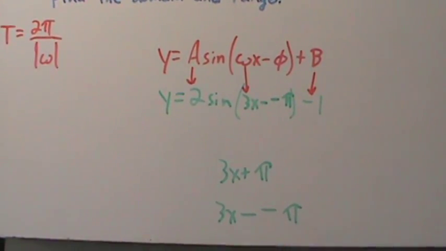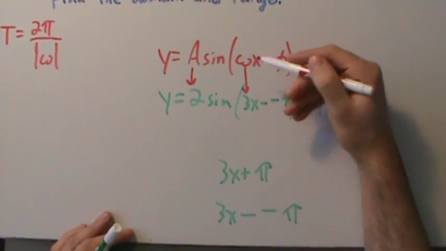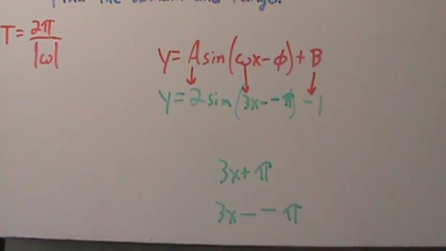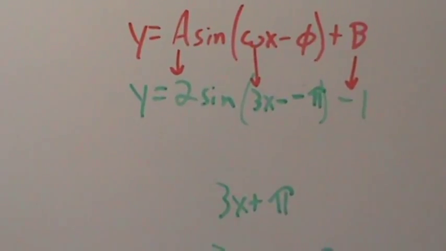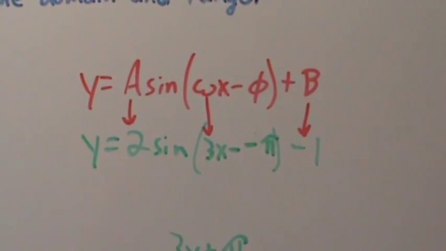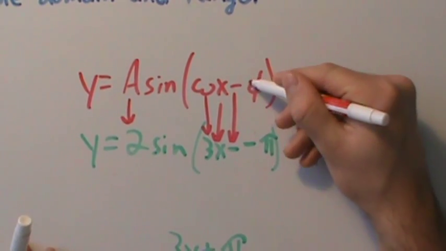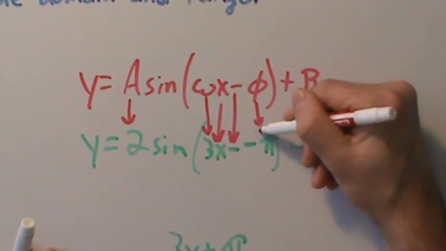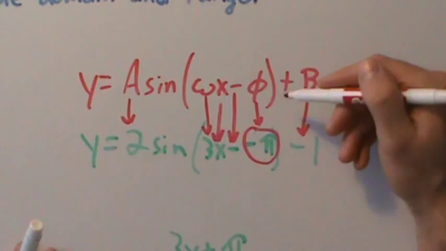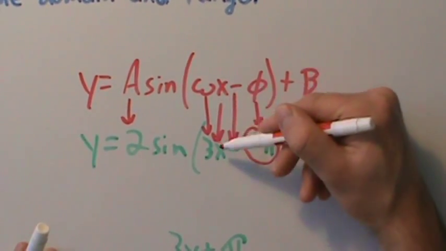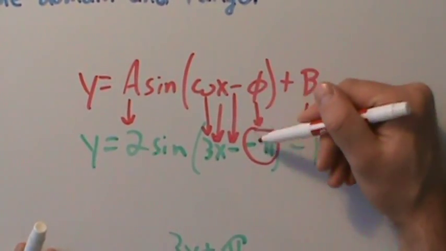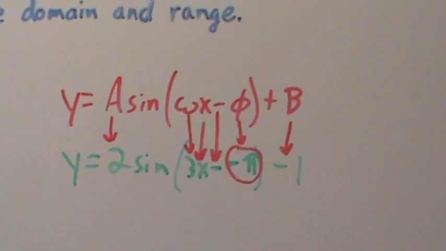Okay, so then what we have here is omega is 3. Let's zoom in a little bit on that. Here, omega is 3, x is x, minus sign with that minus sign, and then phi is everything that's left over. Okay, so phi is negative pi. So omega 3, x, minus sign, and then phi is what's left over, which is negative pi. So that's why phi is negative pi.